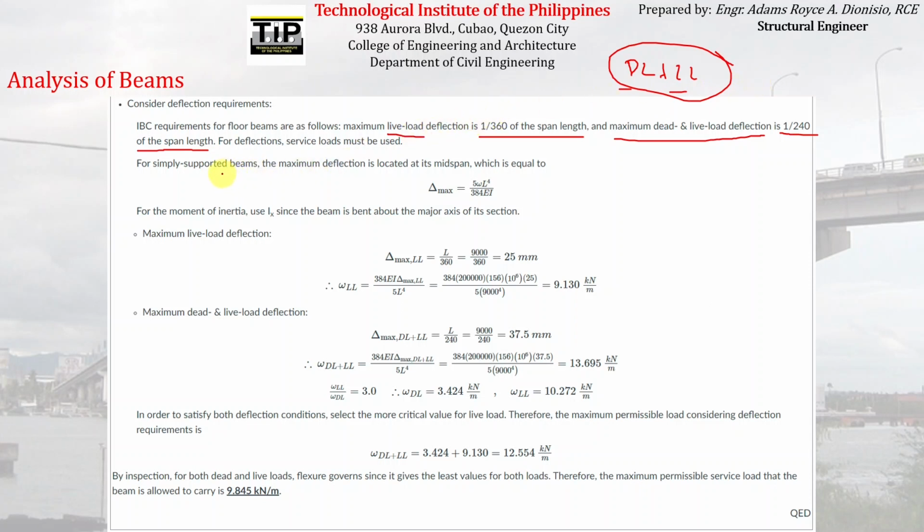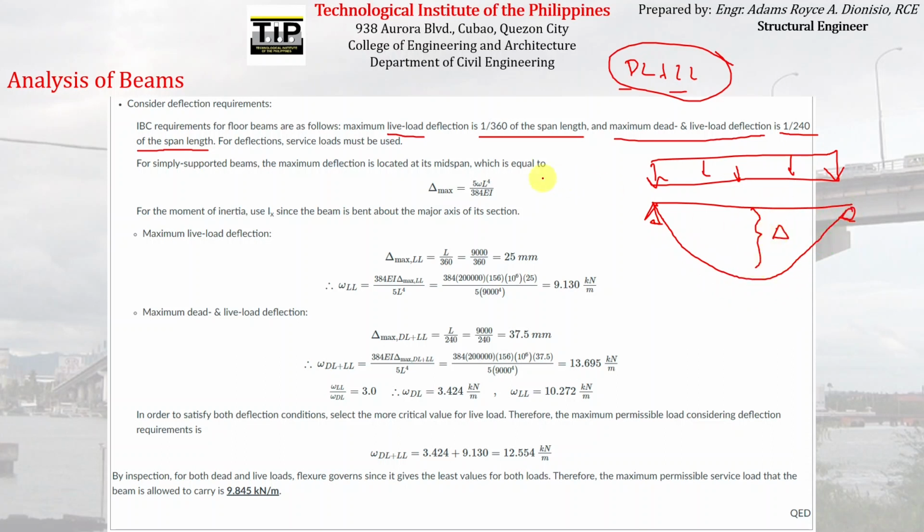For a simply supported beam with a uniformly distributed load, as you can remember from structural theory, the maximum deflection induced by that load will occur at the midspan and is equal to delta, which is equal to this formula: 5WL to the fourth over 384EI. For the moment of inertia, we just use Ix since the beam is bent about the major axis, as mentioned in the problem.